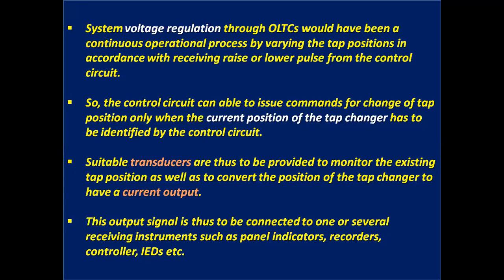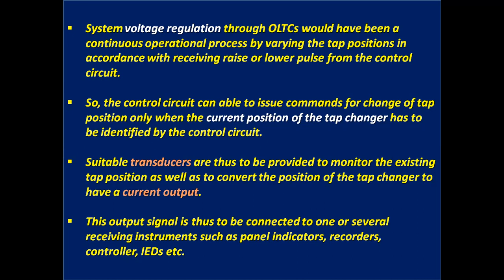System voltage regulation through OLTCs is a continuous operational process, varying the tap positions in accordance with receiving a raise or lower pulse from the control circuit, or control unit rather.